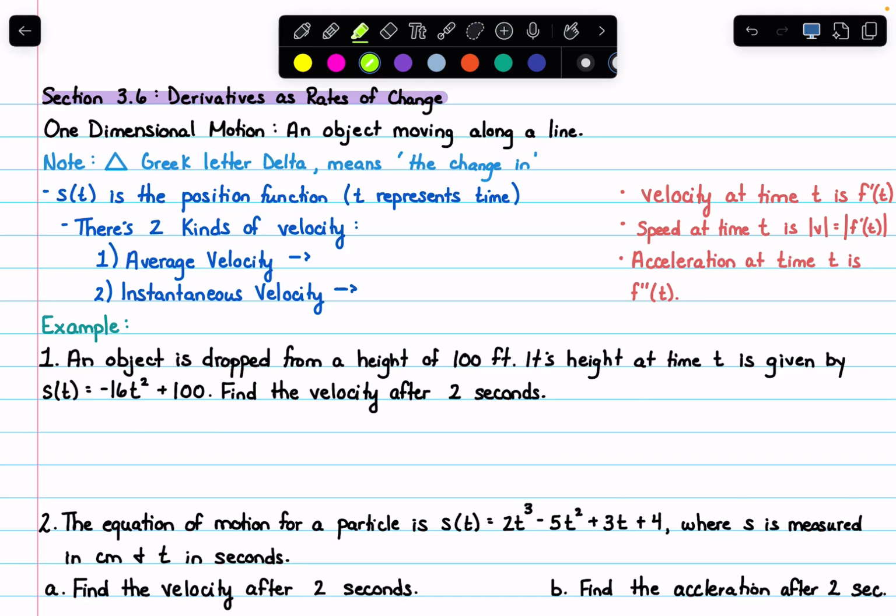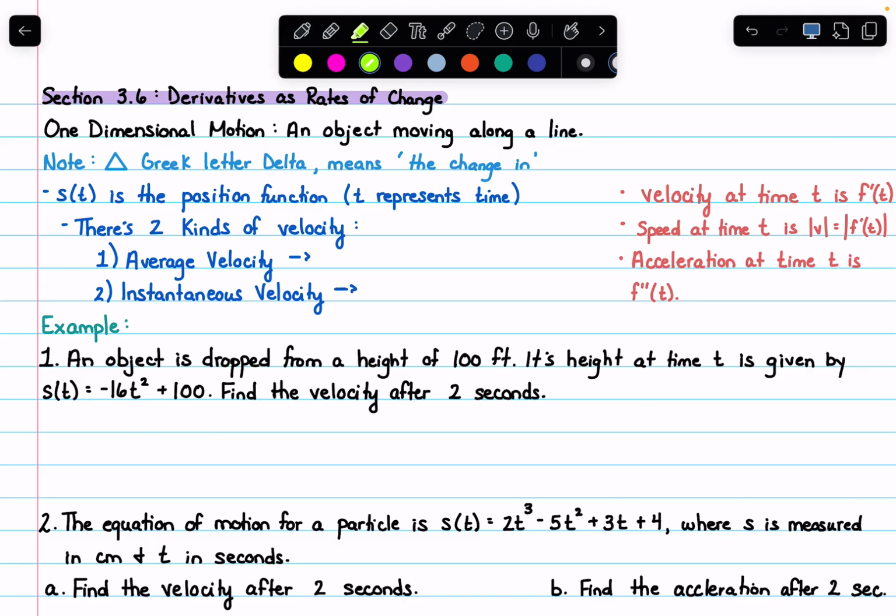So one-dimensional motion, an object moving along a line, is what I'm talking about. In the real world, I talked about this when we first talked about derivatives, right? Everything is changing in the world, and that's why we love to do derivatives. So this is just showing you that you can use it in the real world. And that triangle is the Greek letter delta, and that means the change in. So if we talk about just normal slope, it's the change in y over the change in x, right?